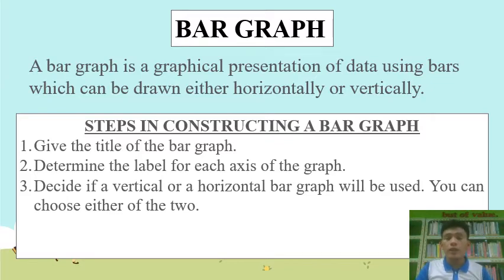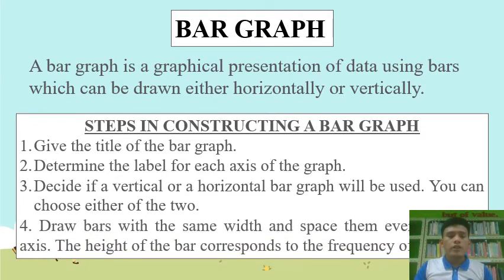It's up to you which you want to use. We will discuss the two graphs for you to know how to make a bar graph. Then draw bars with the same width and space. Then the height of the bar corresponds to the frequency. It depends.